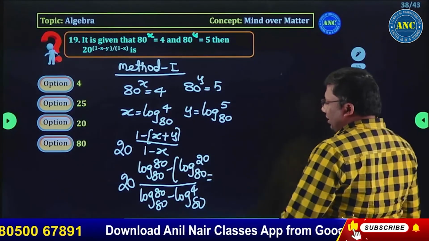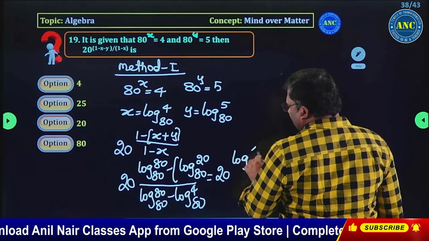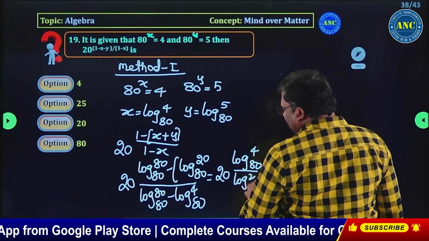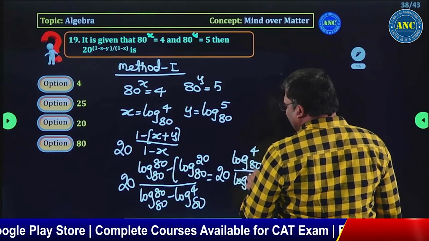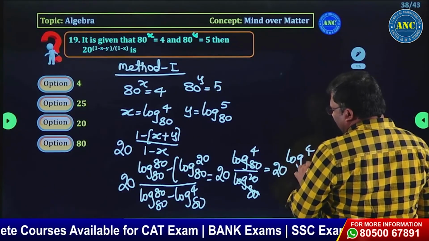It is 20 power log 4 base 80 by log 20 base 80. Log 80 cancels: 20 power log 4 base 20.